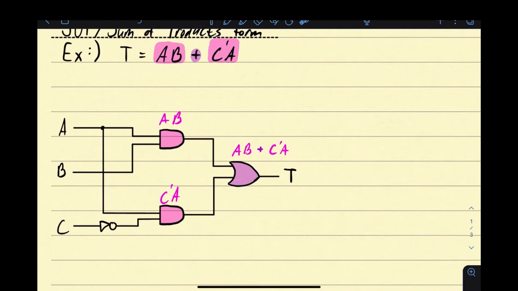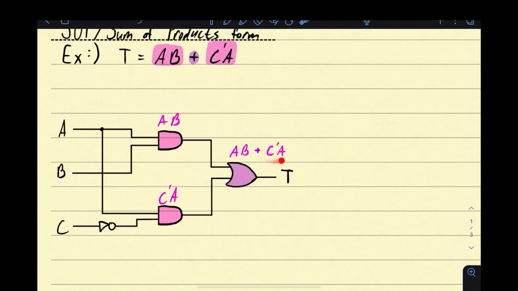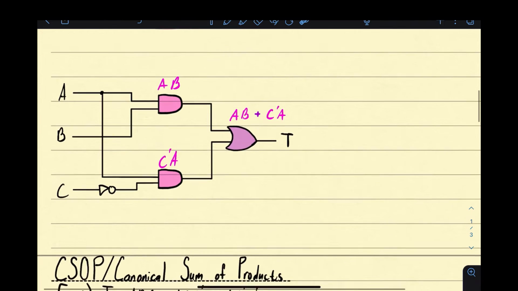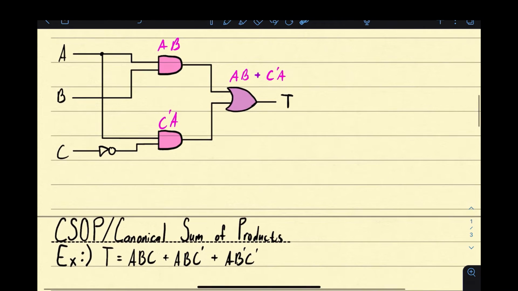So from here, you can derive the canonical sum of products form from that equation. So here I have said equation.